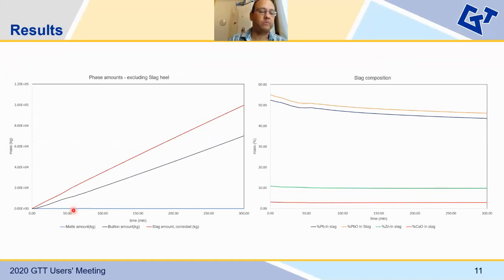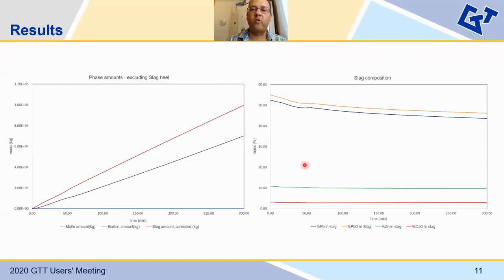So you can see how the amount of the bullion phase grows with time. At the end, we achieve basically 600 tons and 800 tons for the bullion, and 60 tons, 80 tons for the slag phase.